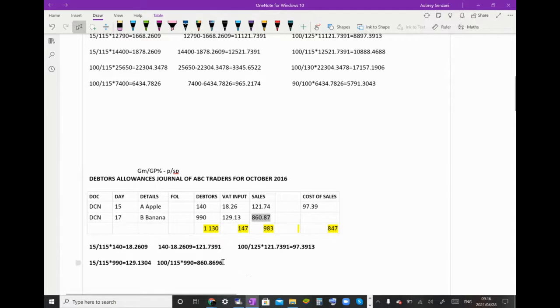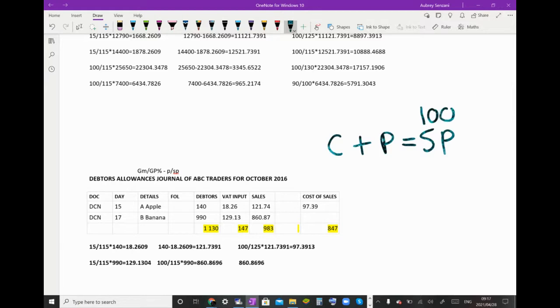And then finally, we want to calculate the cost of sales. Again, we say to ourselves, this transaction happened on the 7th. On the 7th, what do they tell us? Gross margin, 20%. So the model, I'm just going to write it on the side: cost plus profit equals selling price. So this is gross margin.